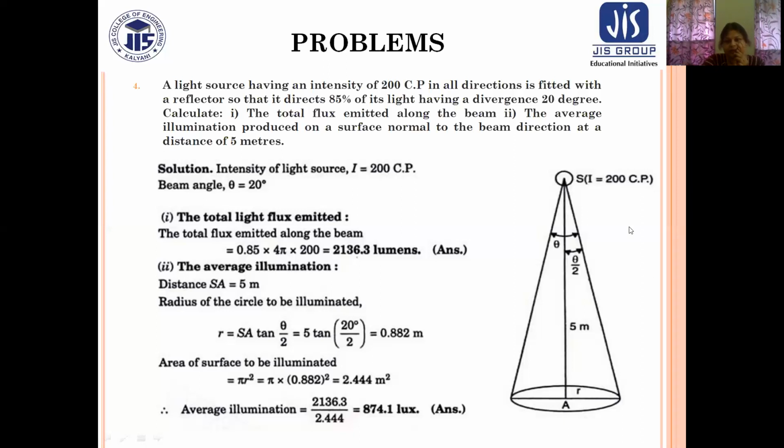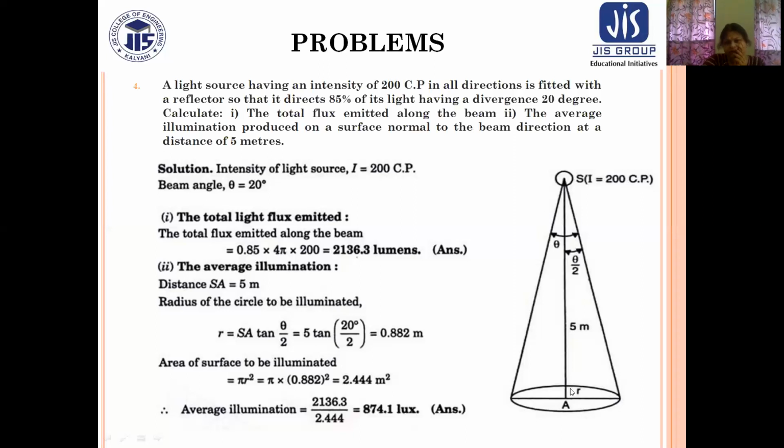R equal to SA tan theta by 2, because the total beam angle is theta and the half beam angle equals theta by 2, right? And this is R, okay? So tan theta by 2 equals R by SA. That means R equals SA into tan theta by 2.